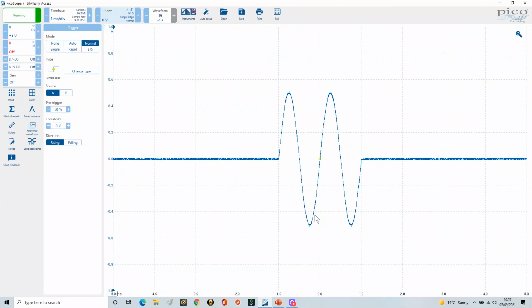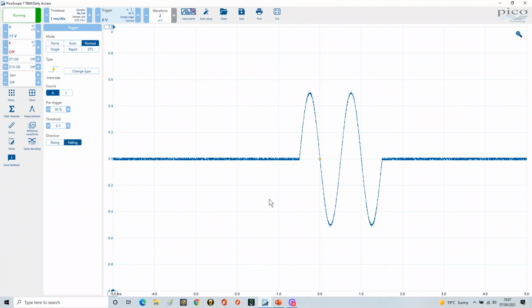So it's waiting for a rising option, so it's rising here, and that's how it's caught it, and that's the point at which it's going to show us on our screen. Okay, so if I now change this to a falling edge, the first falling event is here, and there once again it's gone up, it's gone down from a positive value through 0, which is our threshold value, and then down here. And of course it won't pick it up there because that's on a rising edge.